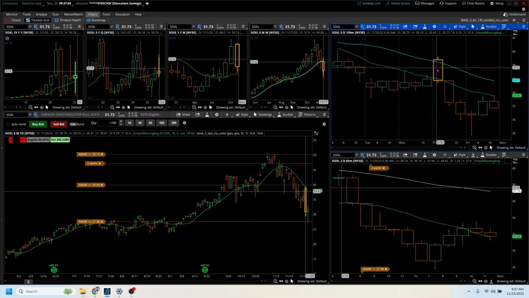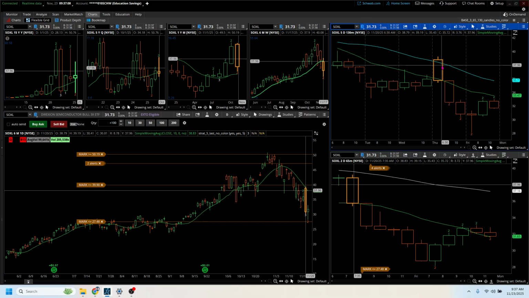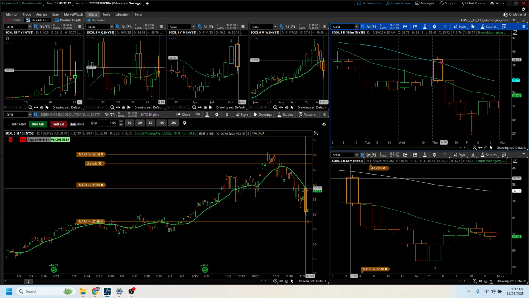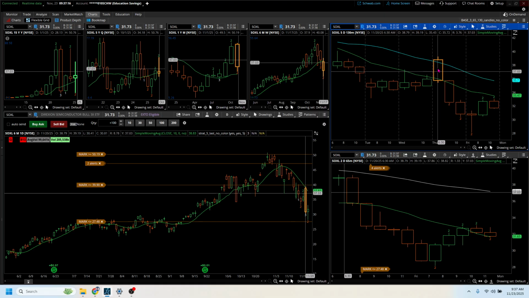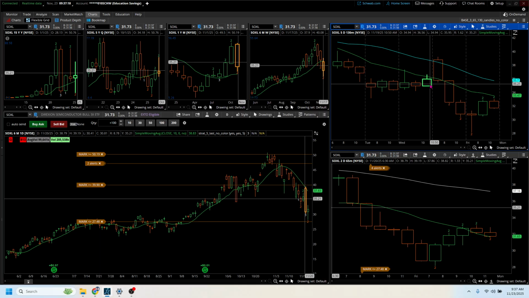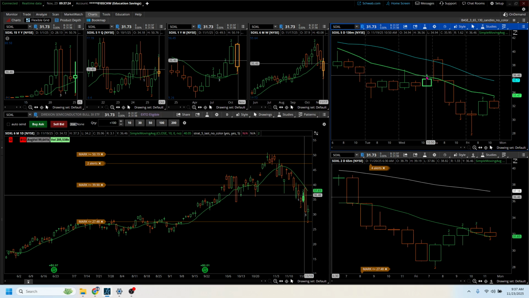So for instance, if you look at Soxel here, let's just take this on Thursday. For extended hours, you can see going into this day right here on Thursday that we had this 2-2 setup right here.